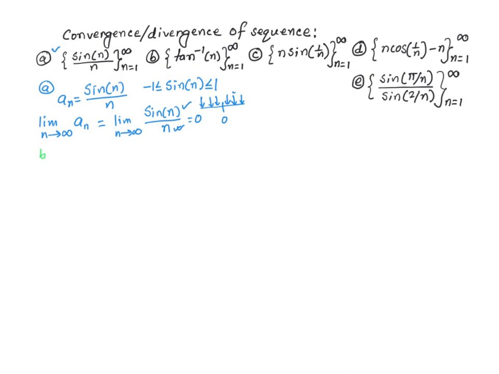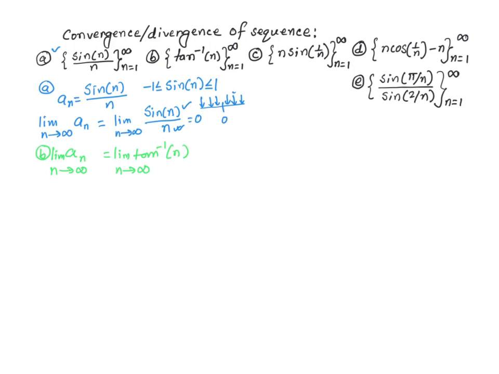Now let's talk about the next one, which is tangent inverse of n. So B is tangent inverse of n. So A sub n is equal to tangent inverse of n, and I'm going to take the limit as n approaches infinity. What value does the nth term approach?